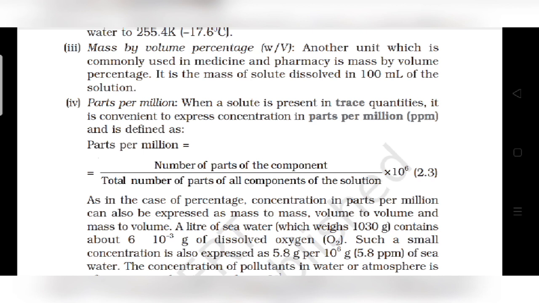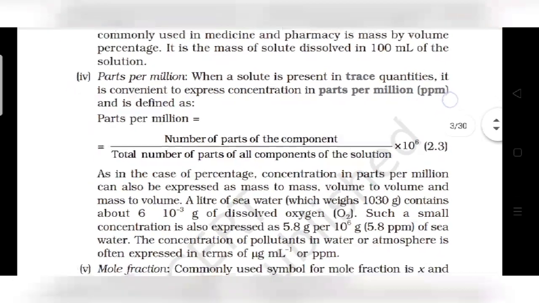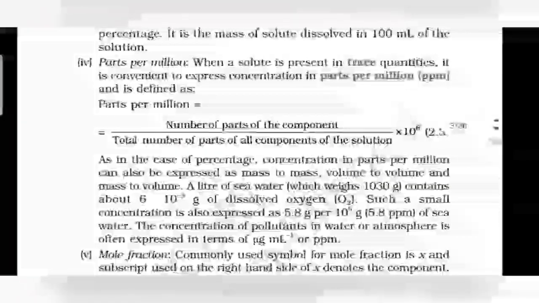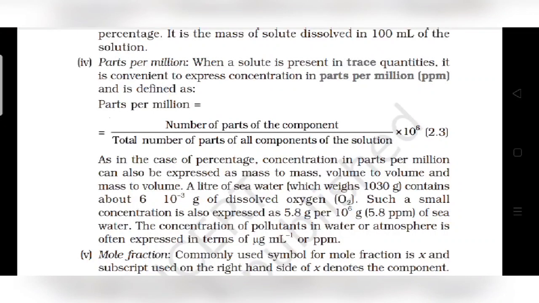It is convenient to express concentration in parts per million, that is ppm, as number of parts of the component divided by total number of parts of all components of solutions multiplied by 10 to the power 6. By this formula you can find ppm of solute.